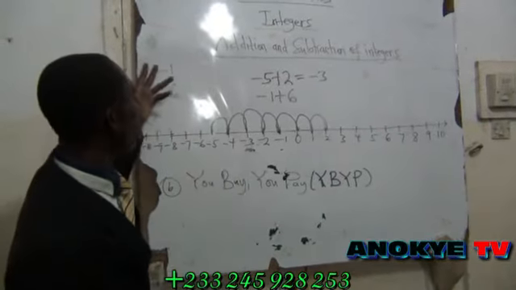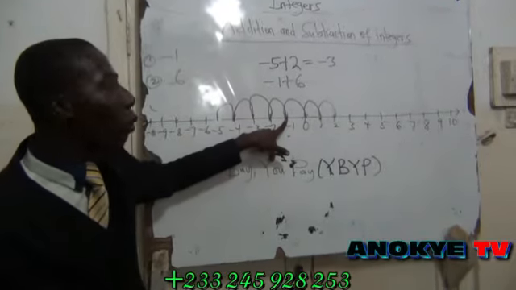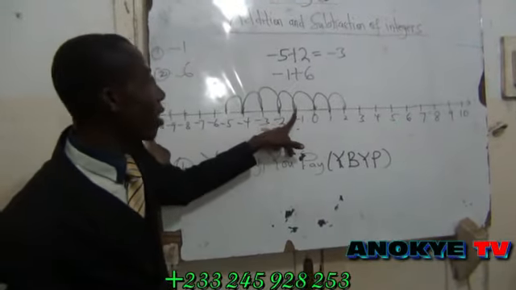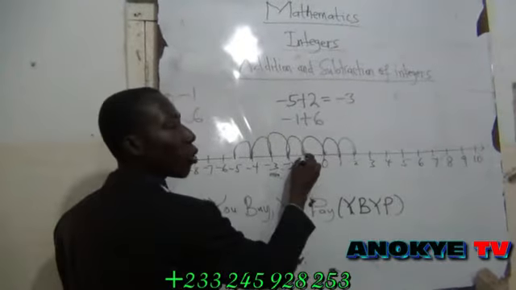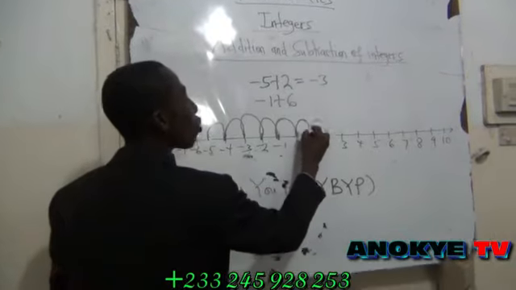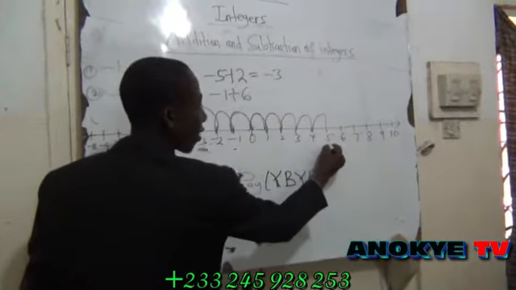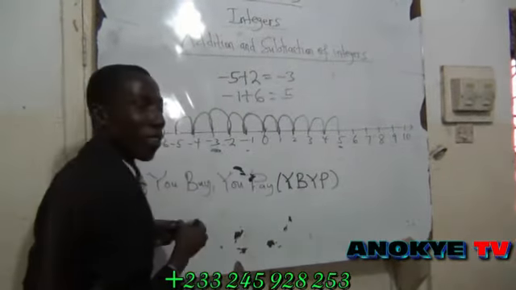Let me stand on the first one, which is -1. I am here. The second one is 6, therefore I'll move to the right 6 times. So let us move. On the first one, which is negative, so I move 1, 2, 3, 4, 5, 6. Therefore, the answer is 5.